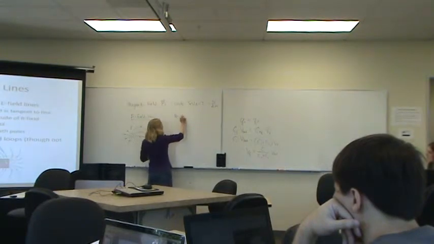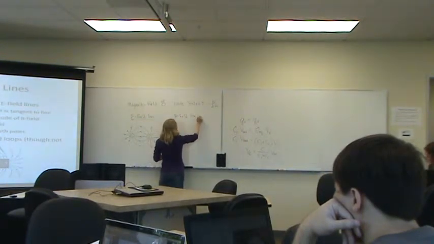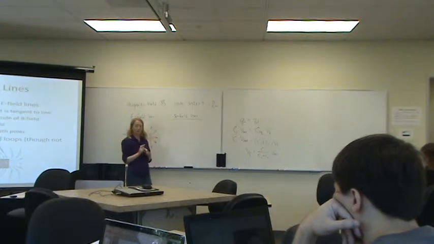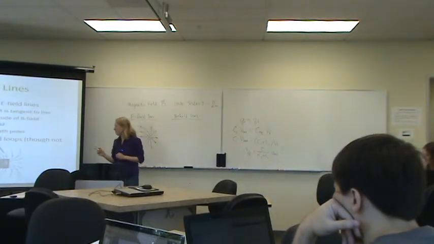So B field lines have similar properties. They start on the North Pole and end on the South Pole.